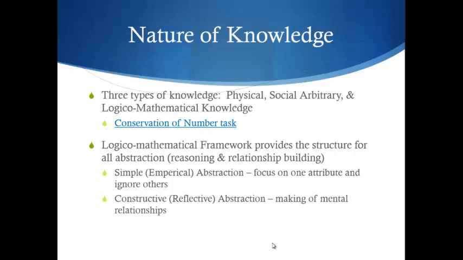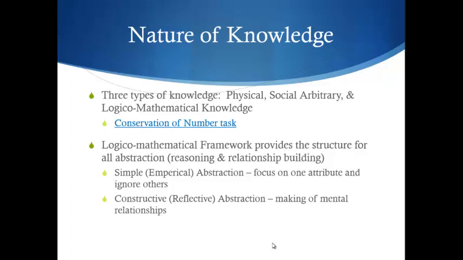Social arbitrary knowledge are the labels that are assigned to things and the customs in a particular society. They're arbitrary because they're just made up. There's no logical reason, and they exist in a particular society but may not hold true for all societies. For example, in English, we label the place where we live house.